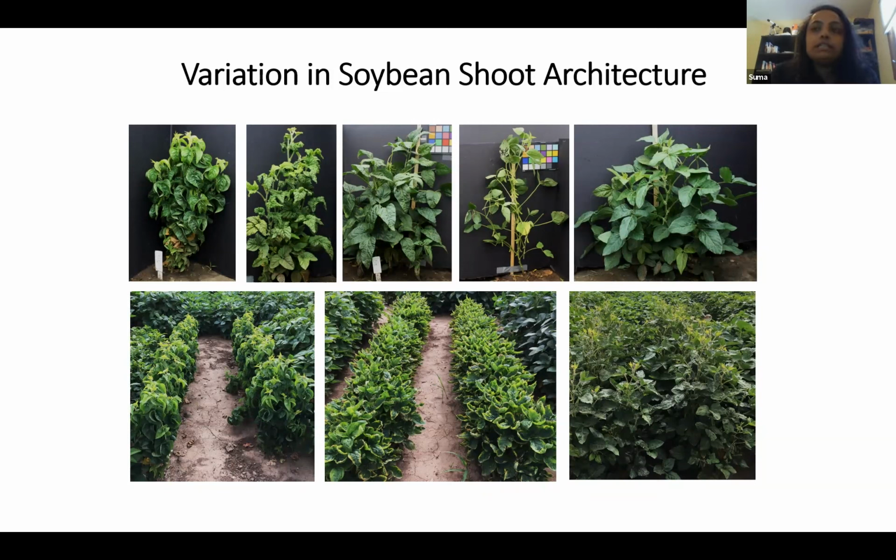You can see that the leaves look different, the stature looks different, the number of branches looks different, how the leaves are placed on the plant is different. So there's a lot of variation for the architectural units on the plant. Next slide, please.